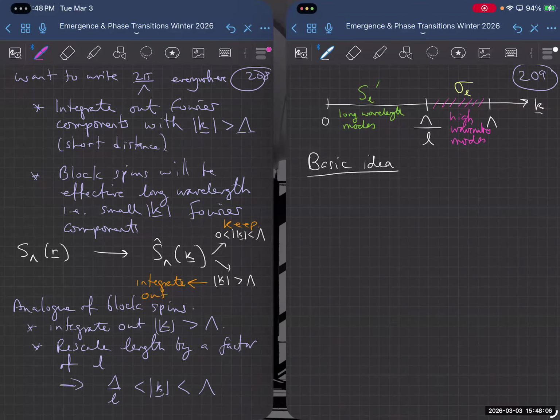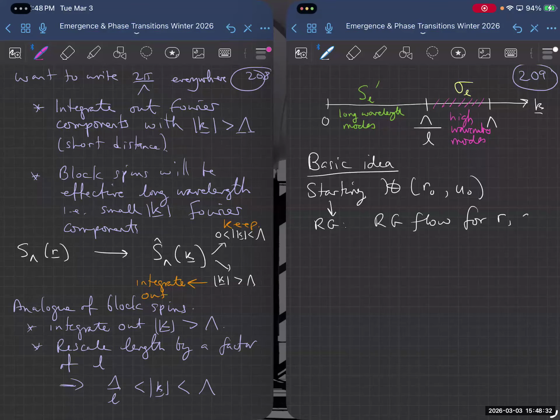So the basic idea is our starting theory, our starting effective Hamiltonian, depends on two parameters, r naught and u naught in unscaled units. And so what you might expect is that when we do RG, we will get a renormalization group flow for r and u.